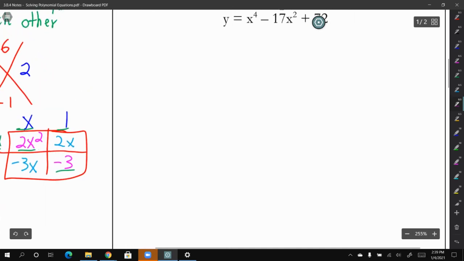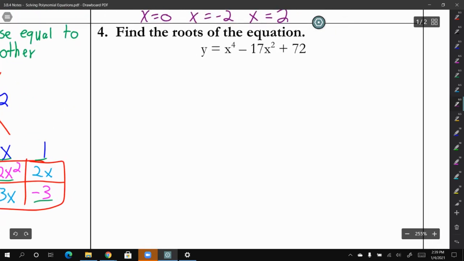Number 4 over here, find the roots of the equation. Remember, roots are the same thing as finding the x-intercepts. So what we're going to do here is factor and solve.